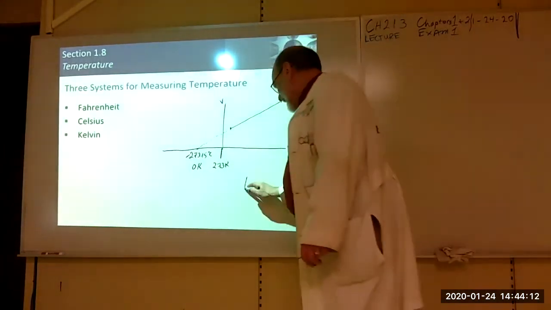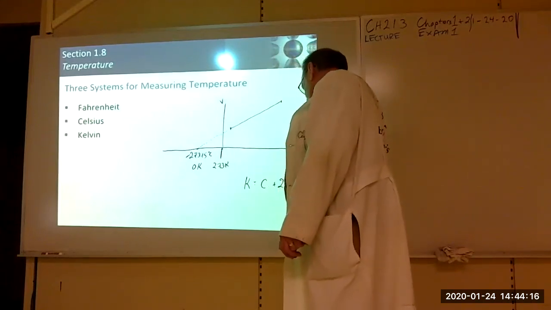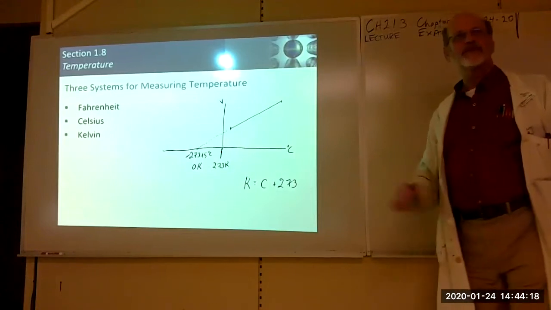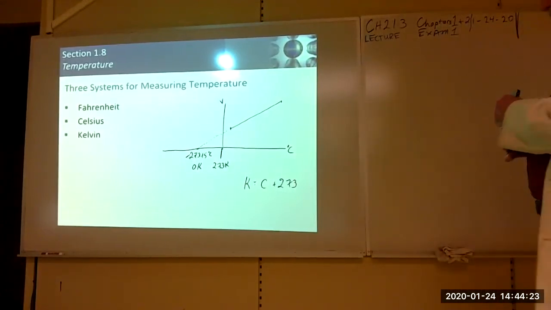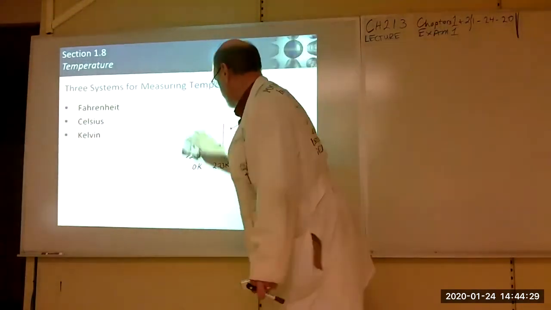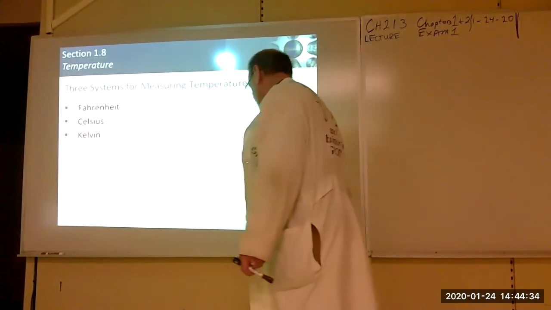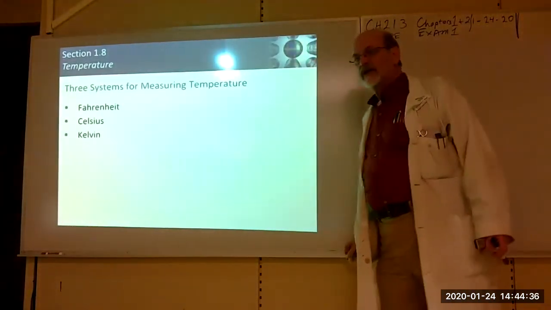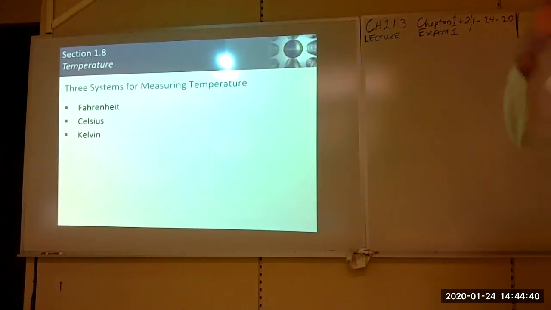So if you want to know what K is, you take the centigrade and add 273. 273 is good enough. We don't have to do 0.15. Okay? So that's a fairly easy conversion. Now, if the temperature is given in Fahrenheit and you need to do a calculation with gases, you're going to have to use K. So you got to convert Fahrenheit to C, then C to K.